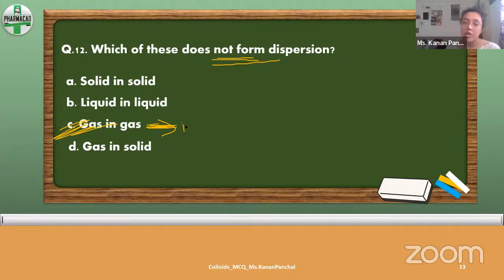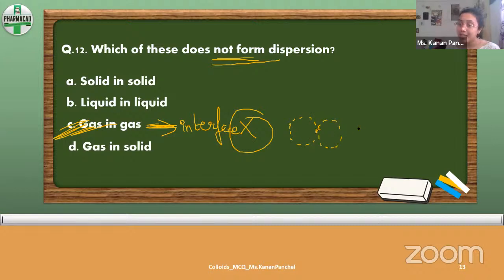You can say because it does not have an interface. याद आ रहा है surface and interfacial tension? Okay, because it does not have an interface, there is no boundary between the two, and because there is no boundary between the two, they cannot be separated, and because they cannot be separated, it cannot disperse, and that is why they mix with each other.